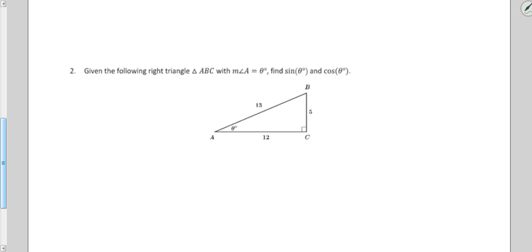Given the following right triangle, ABC, with angle A equaling theta, this circle with the line through it, it's the Greek letter theta. We like that for angle measurement. We also like angle alpha, and we like angle beta.